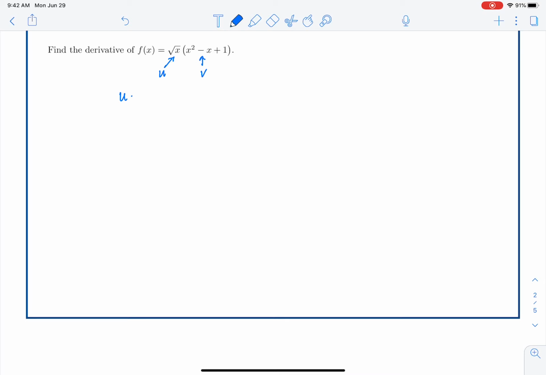So u is square root of x, v is x squared minus x plus 1. I am going to rewrite square root of x as x raised 1 over 2. So u prime is 1 over 2, x raised 1 over 2 minus 1, which is 1 over 2 times x raised negative 1 over 2.